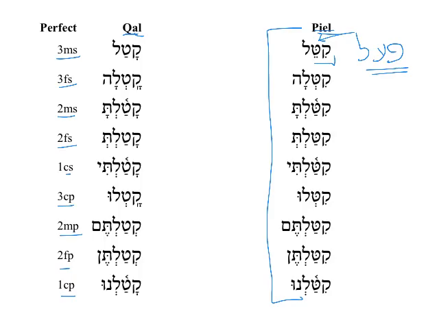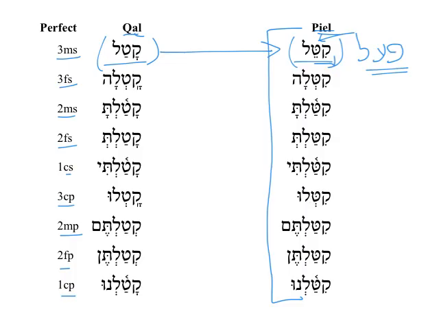Now in the case of when there's a root that appears both in the kal and PL, typically then we show a more complicated meaning or an intensive meaning in PL. So if katal is he killed, then kitel is he slaughtered, or something like that.